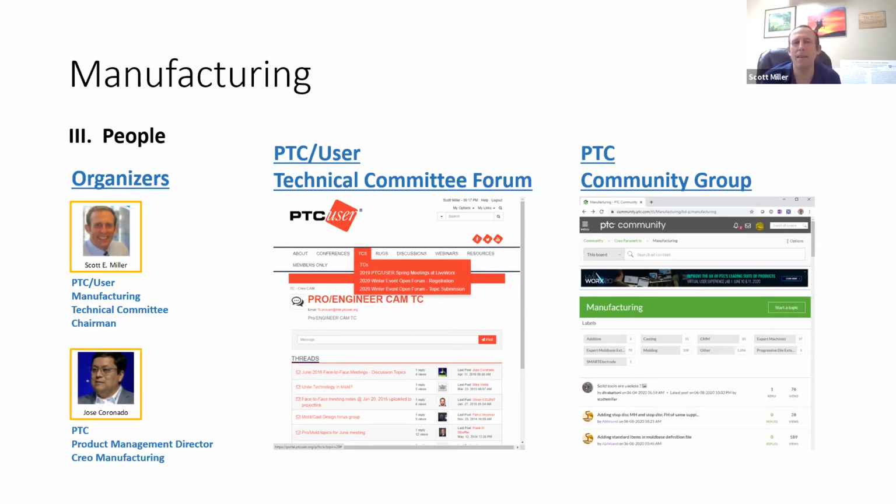To me, these are the two platforms right now that will help us recruit members into this technical committee. Because if we don't have a large number of people participating, then this doesn't work as well.